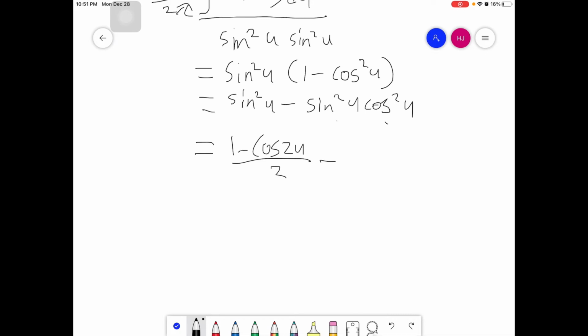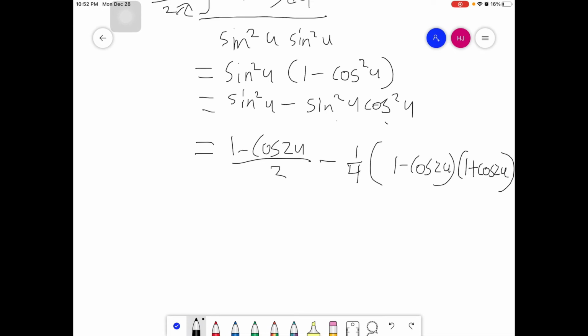Both of them would be 1/2 times 1/2, so a 4th outside. And the first one will be 1 minus cosine 2u plus 1 plus cosine 2u. Usually it would be over 2, so I bring them outside as I said.